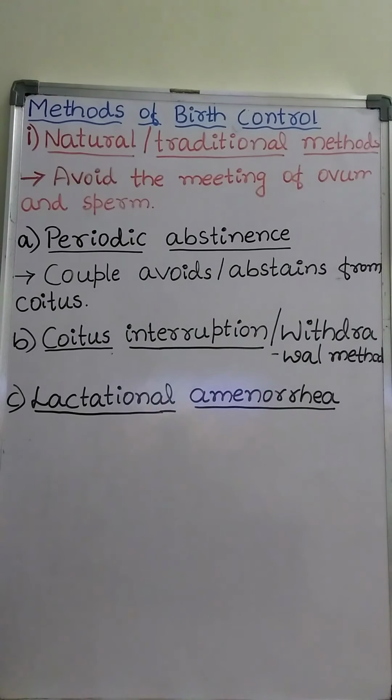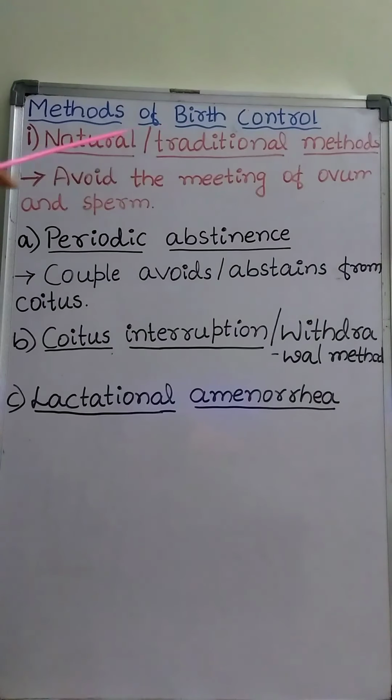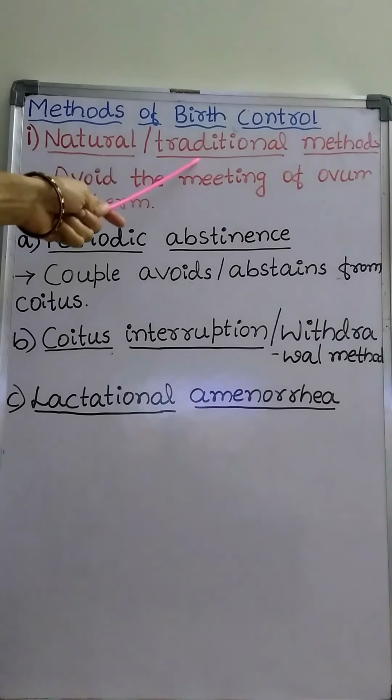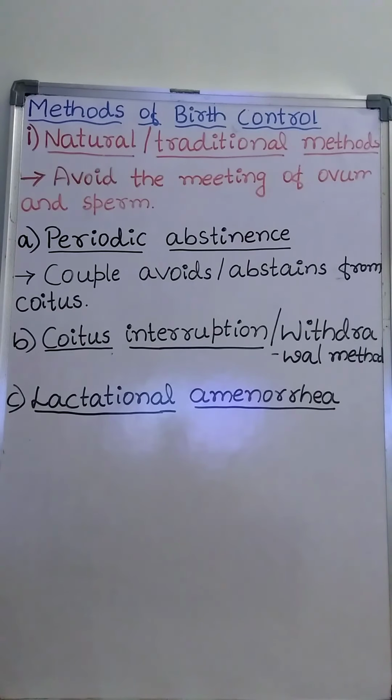In this video, we will discuss natural or traditional methods of birth control. The natural or traditional methods of birth control work on the principle of avoiding the meeting of egg and sperm.